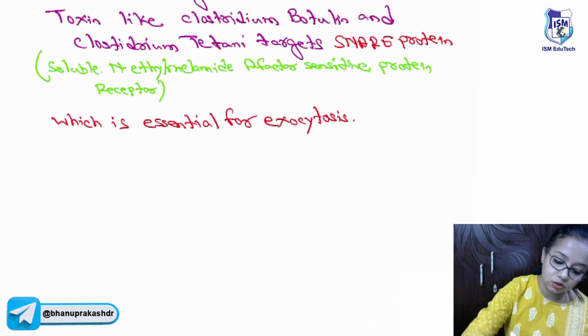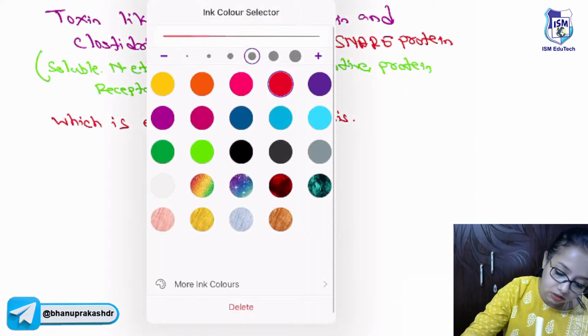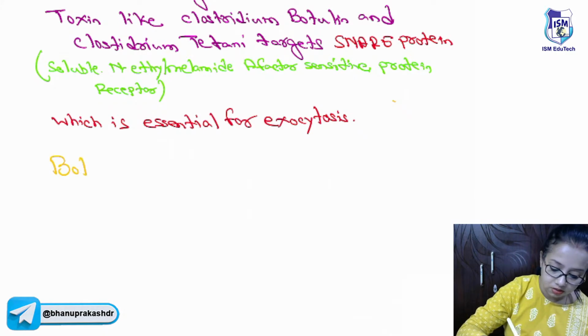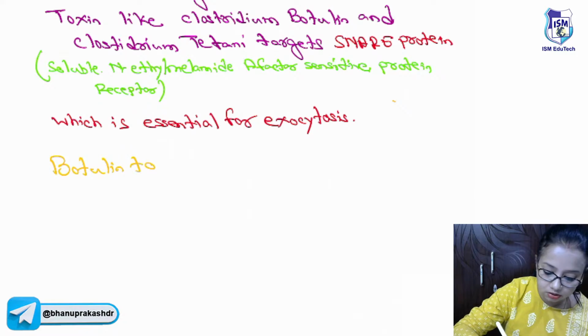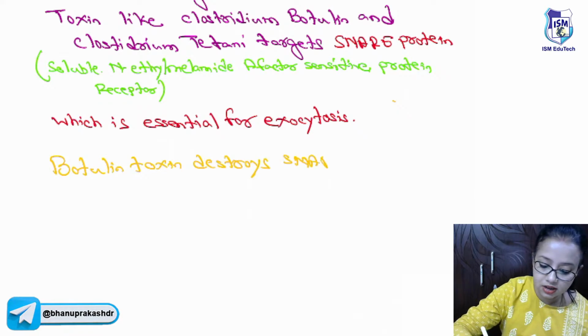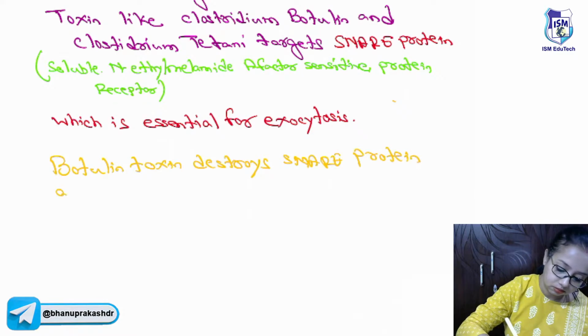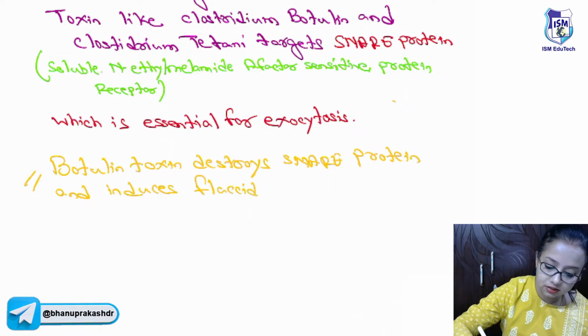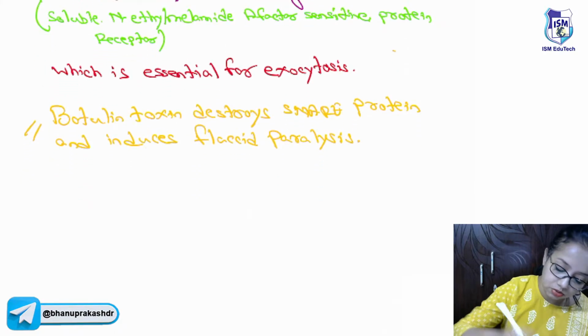Now, what does the toxin from Clostridium botulinum do? This botulinum toxin destroys SNARE protein and induces flaccid paralysis.